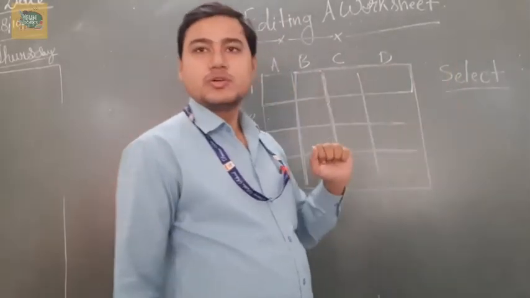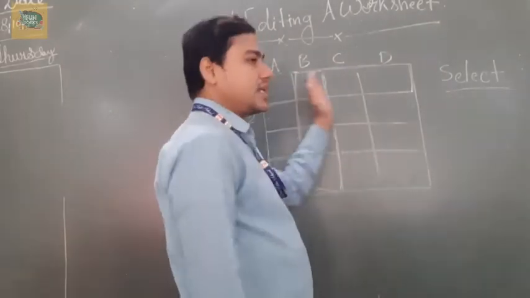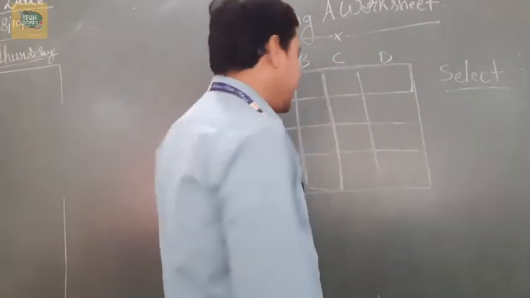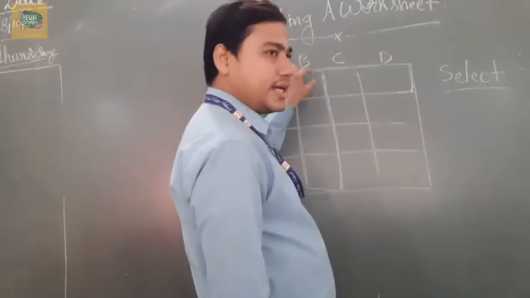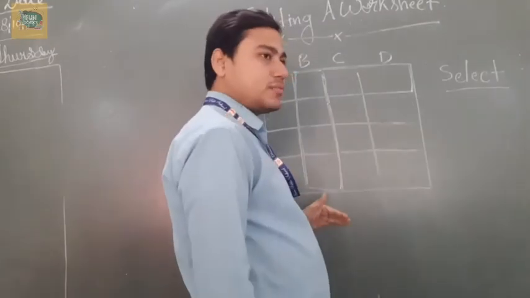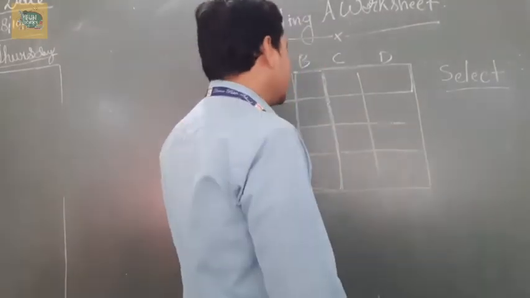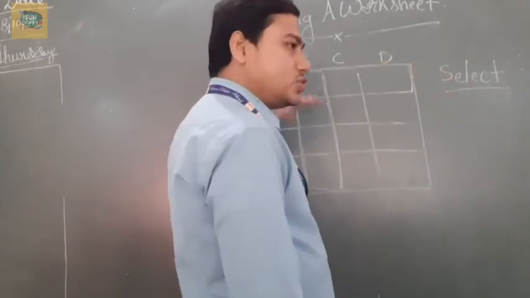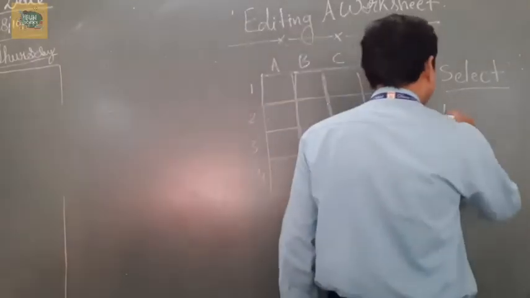This way you can select your row. Similarly, if you want to select your column, you just click here and drag it to the bottom. So you can select your column, you can select your row, and you can also select the entire worksheet.